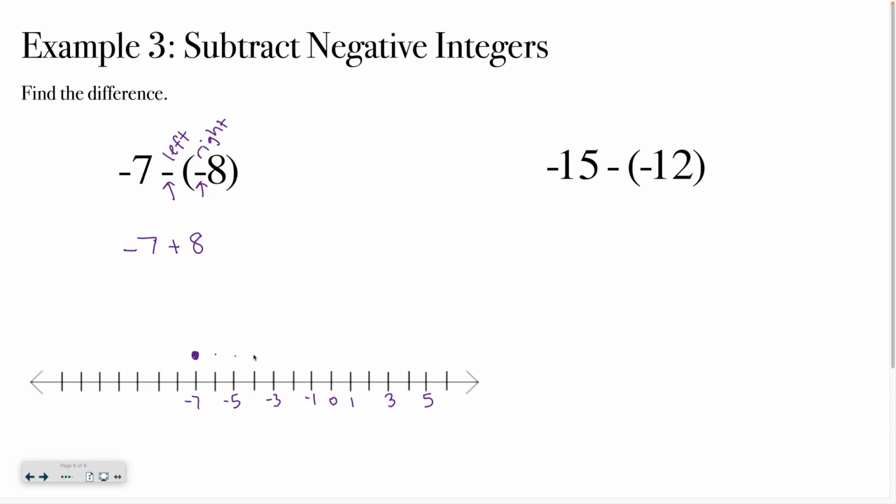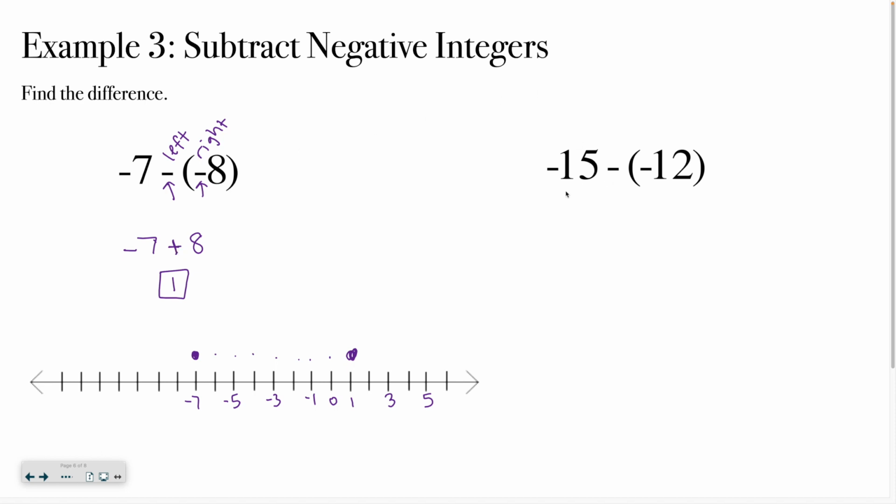So 1, 2, 3, 4, 5, 6, 7, 8, which is a +1. Okay, so anytime you have a situation where it's minus a negative, it can be rewritten as plus because it means that you are going towards the positive direction again.